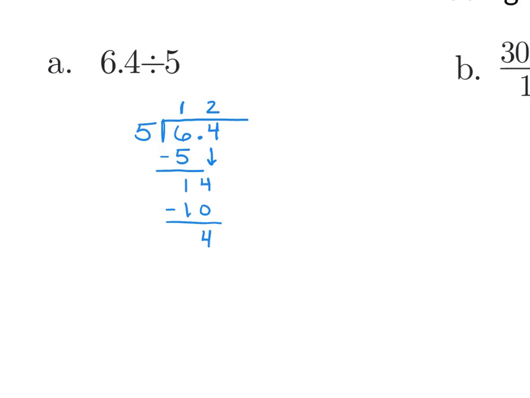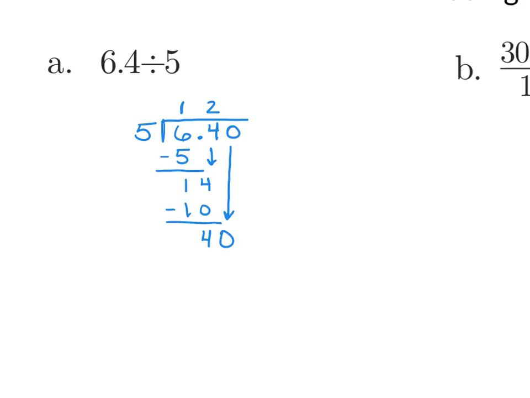Subtract, we get 4. Now, when we talked about whole numbers, we would stop at this stage and put it as a remainder. But with decimals, there are no remainders when we talk about dividing decimals. So what can we do? Well, we can add zeros as needed. So let's go ahead and add a 0. We'll bring it down.